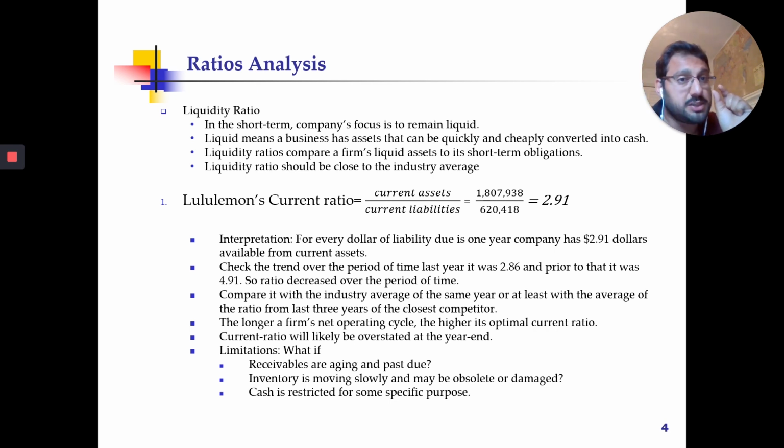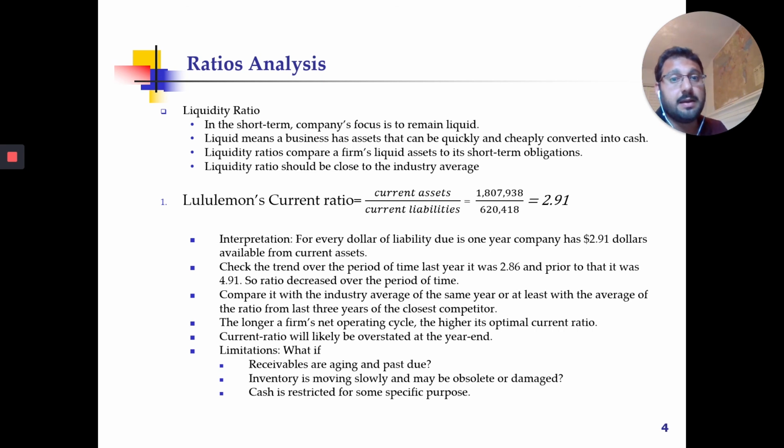And if it is a shorter net operating cycle, then the optimal current ratio can be less, even less than 1. No problem with that, because the company is very quickly generating the cash. But if the industry is like Boeing, which is preparing aeroplanes, and it takes much more time to sell them to the airlines, the net operating cycle can be very big.